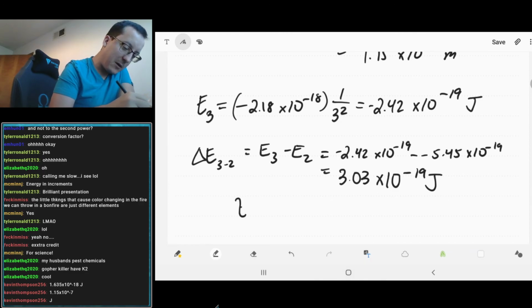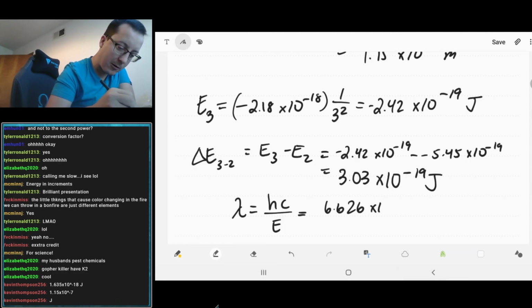If you wanted to see the wavelength of that one, that's going to just be, again, crazy constants.